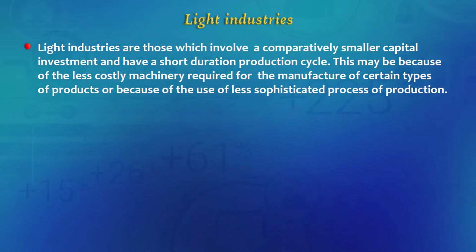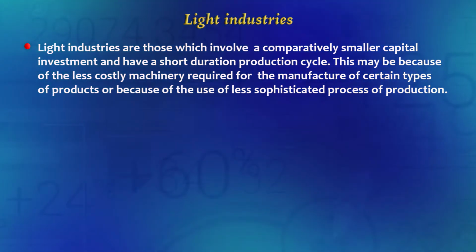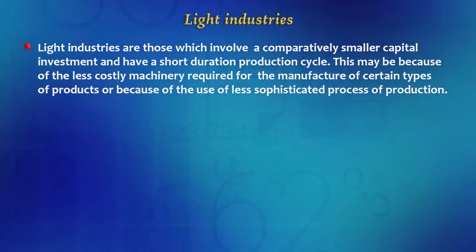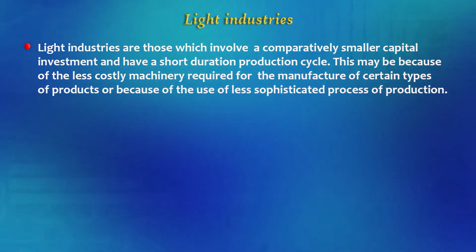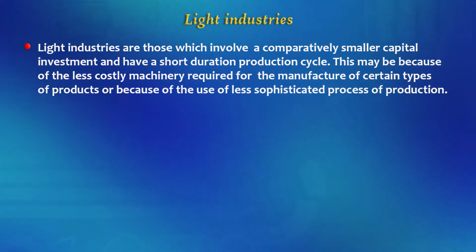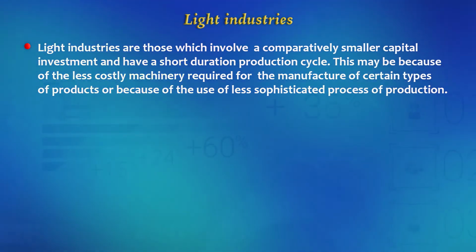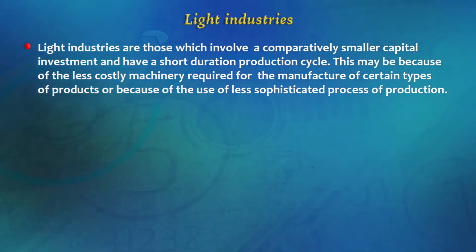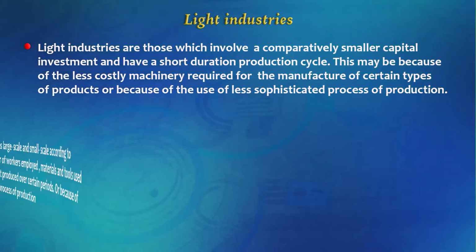Light industries. Light industries are those which involve comparatively smaller capital investment and have a short duration production cycle. This may be because of the less costly machinery required for the manufacture of certain types of products or because of use of less sophisticated processes of production.